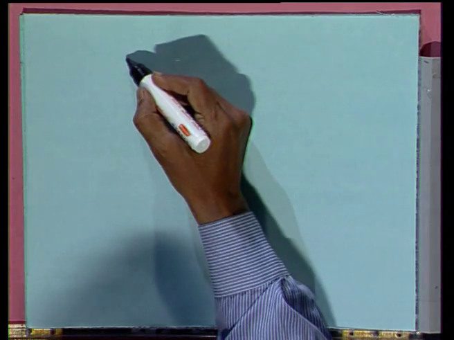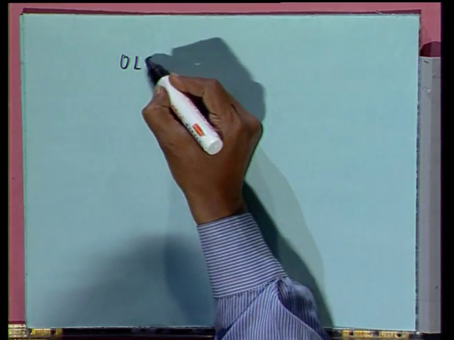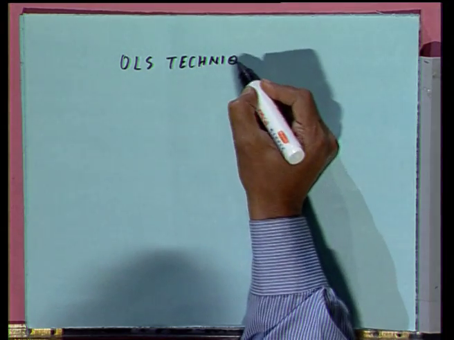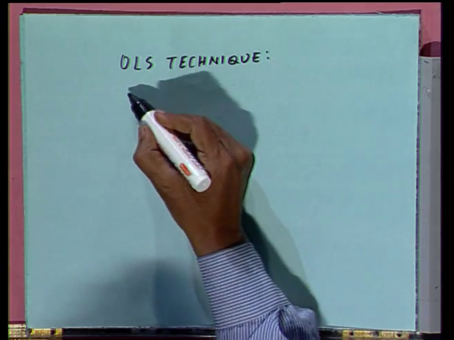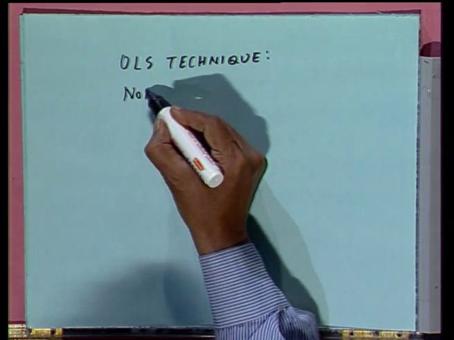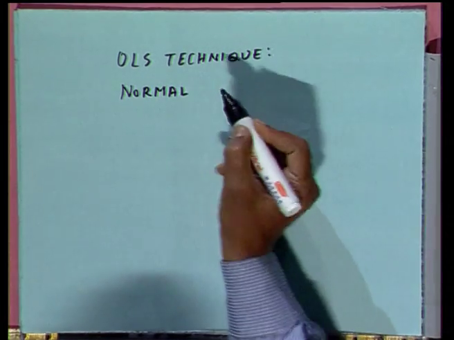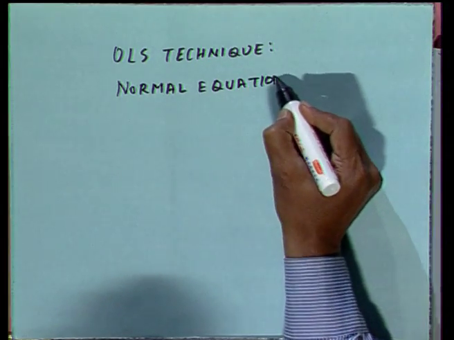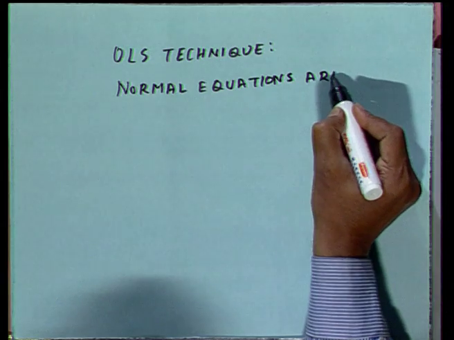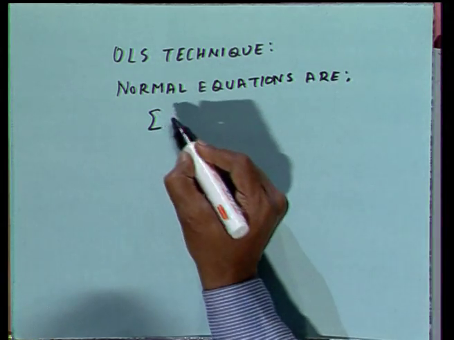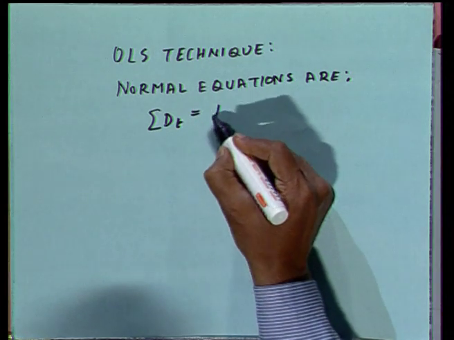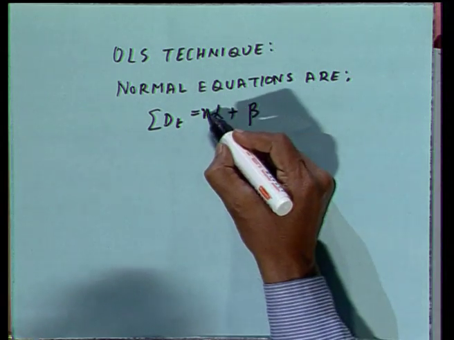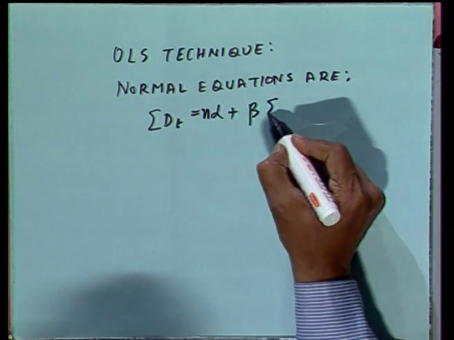The parameters alpha and beta are estimated by the OLS technique. Under this, the normal equations are: sigma dt = n alpha + beta sigma xt.